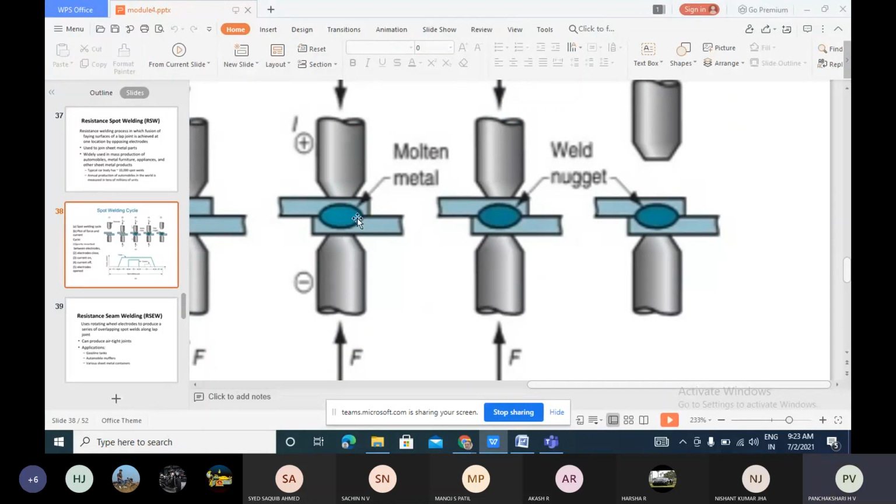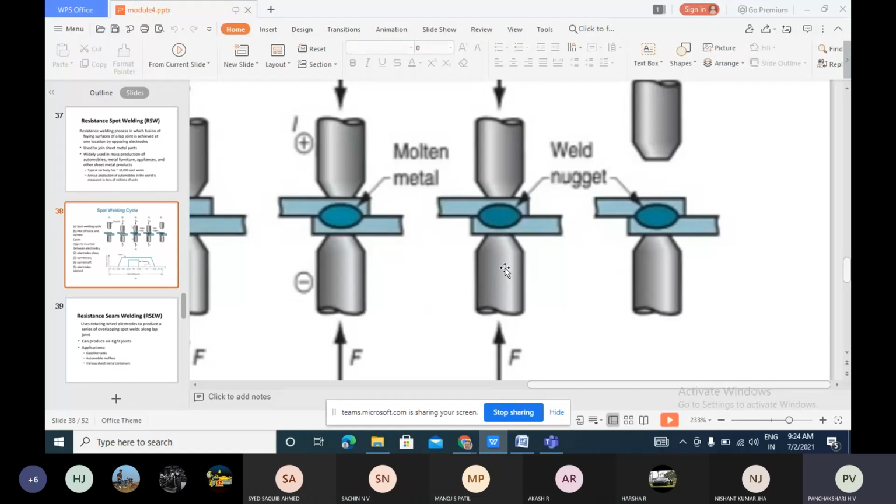So due to that resistance, heating takes place. In that heat, the metal in this area, both metal parts, will melt. But it is not exposed to the surface. It is not exposed to the surface, and this upper side also is not exposed. The melting portion is only inside, taking place within.